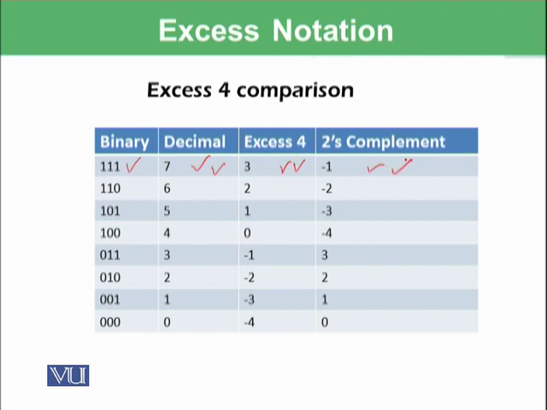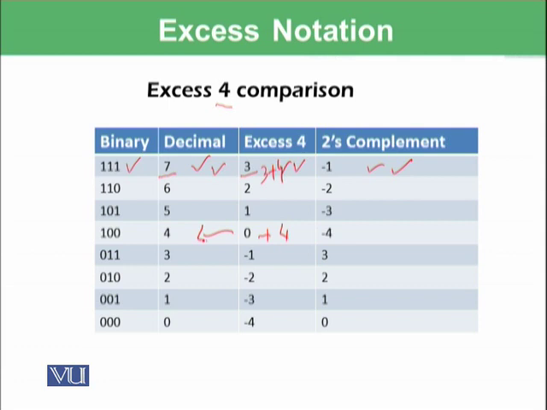You can also understand that in excess 4 notation the value is 4 less than the actual value, because 111 represents 7 in decimal, but in excess 4 it represents 3. Which means this number is 3 plus 4, that is the actual number 7. And similarly 0 plus 4 is 4 in decimal.